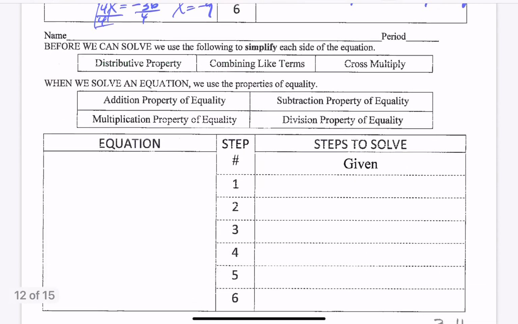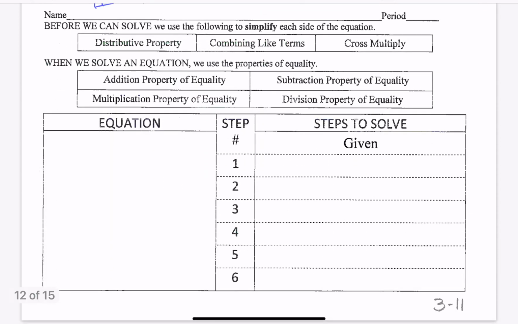Let's look at the last one. So for this one, we're going to do an algebraic proportion. So it's going to be 5 over x minus 3 equals 7 over x minus 9. So when I look at my list up here of simplifying, I'm not going to be doing any parentheses yet. I'm not going to be doing any combining yet, but I can cross multiply because I have a proportion.